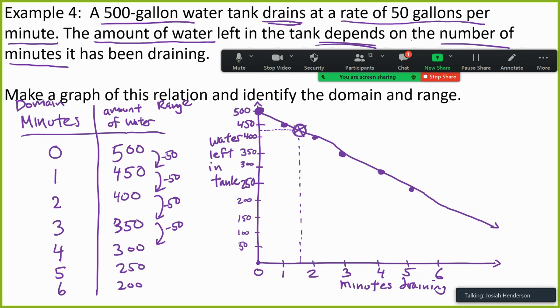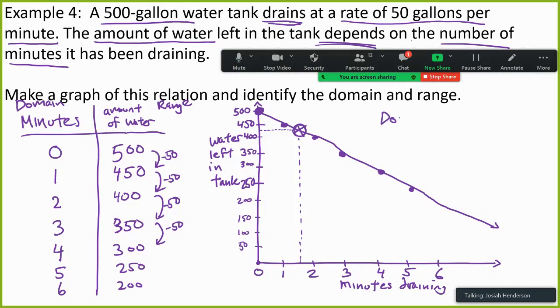And of course, there is a point that exists when it's been 1.5 minutes and that many gallons correspond. So my point is that even though we figured it out using domain and range of whole numbers, there's all sorts of decimal numbers and fractions that exist along our line for this example.